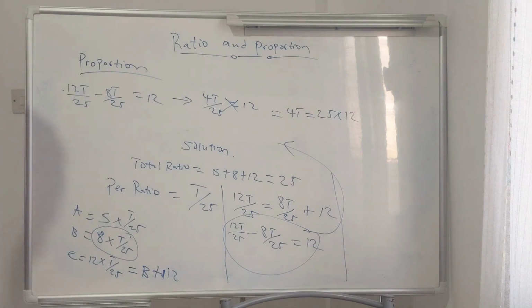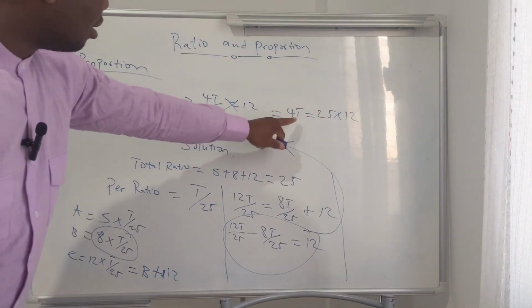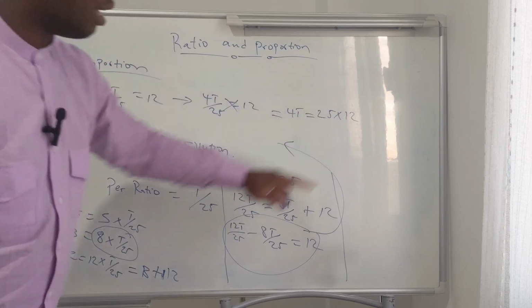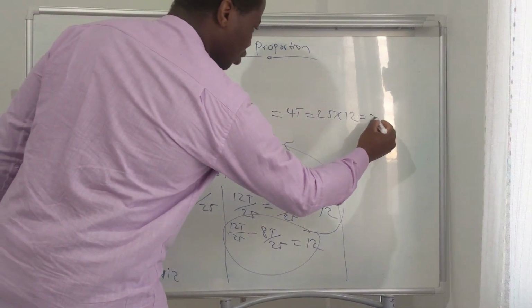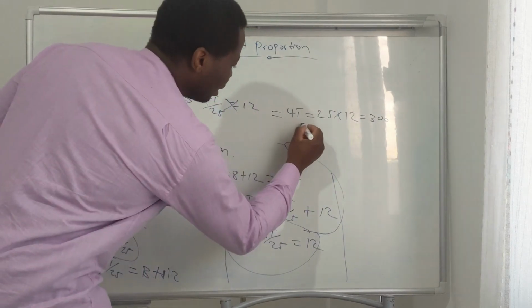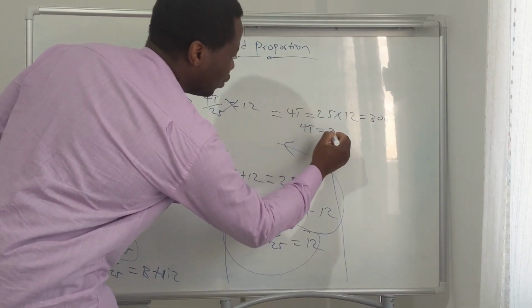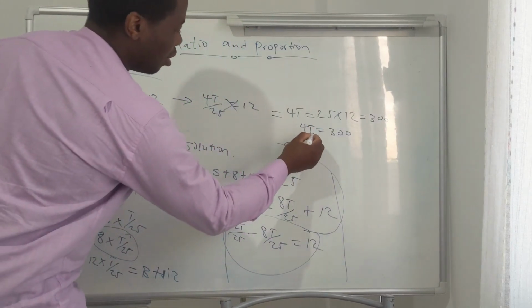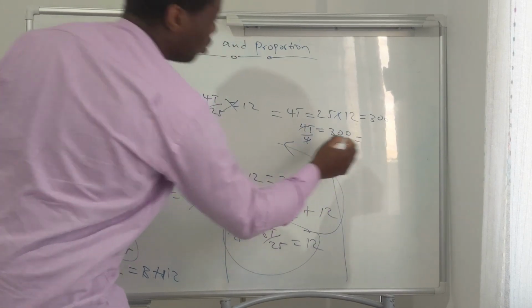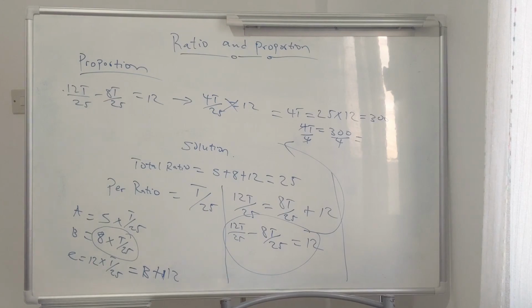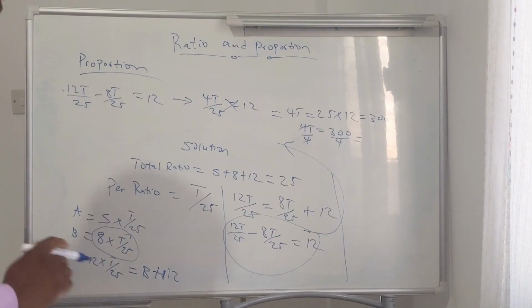Are we all getting this? 12 times 25 will give us 300. So 4T equals 300, and T equals 300 divided by 4, which will give us 75.